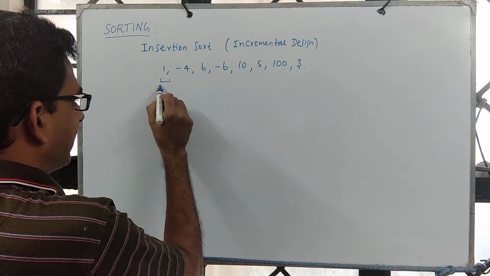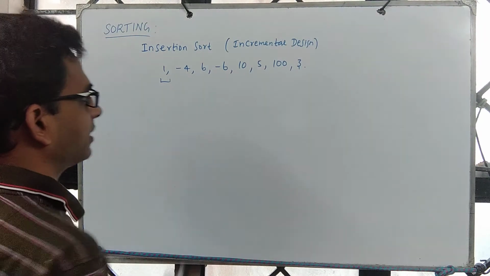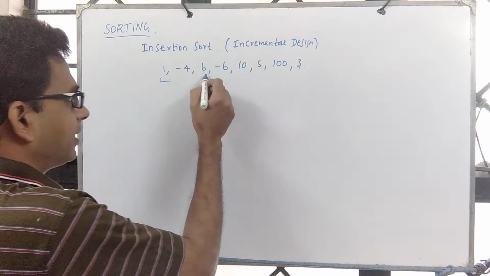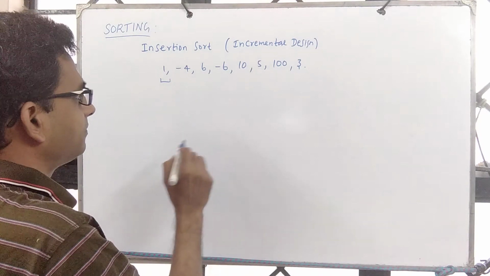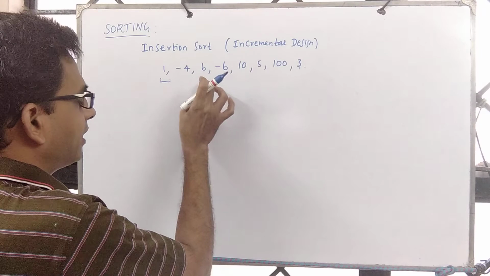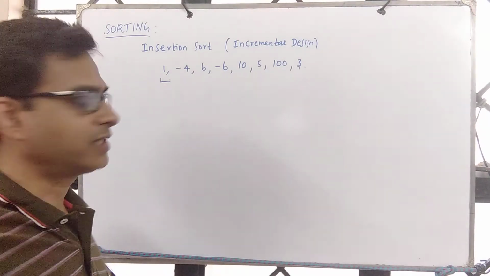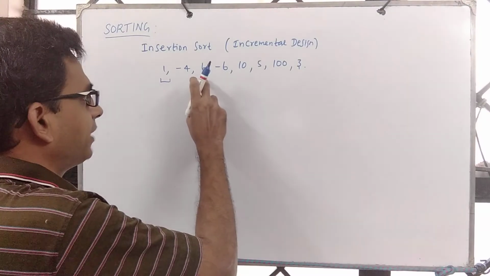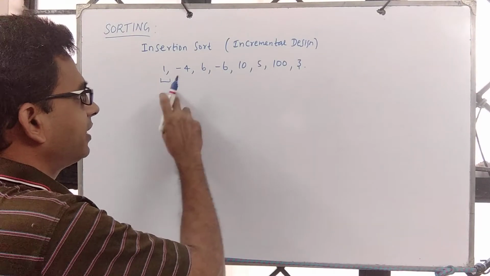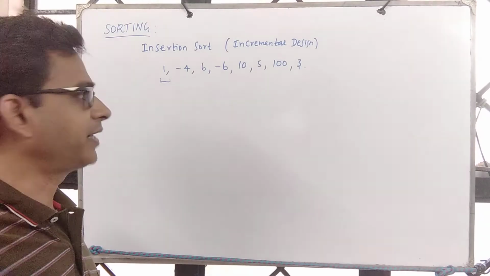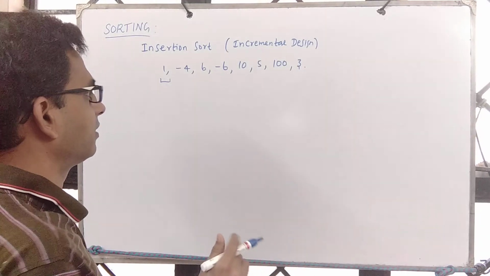At the end of second iteration, first two elements are sorted. When I look at ith iteration, you see that to its left, i minus 1 elements are sorted. And I am trying to place ith element in its right position, so that at the end of ith iteration, first i elements are sorted.